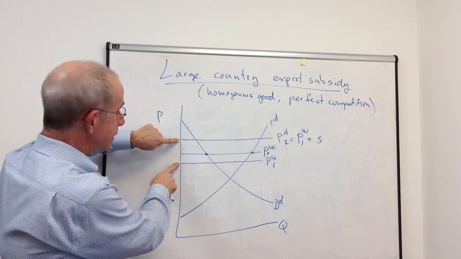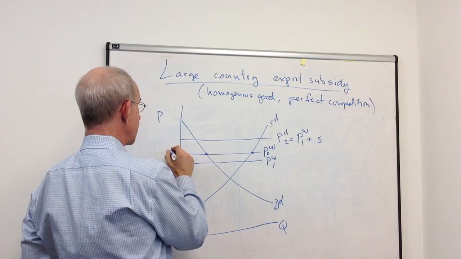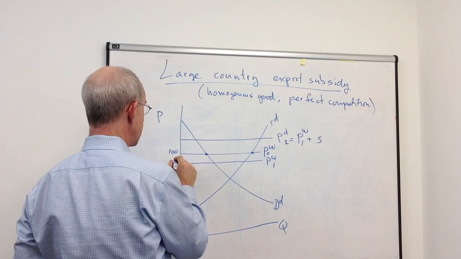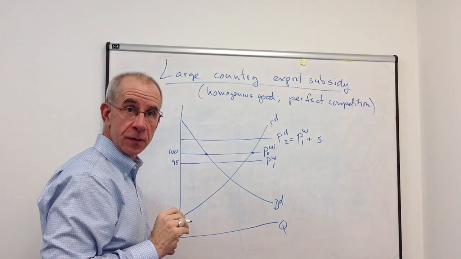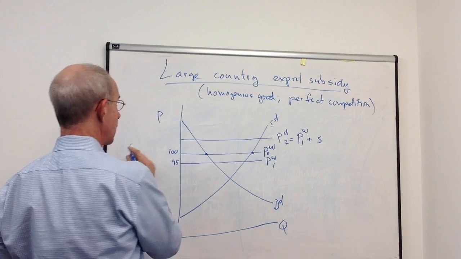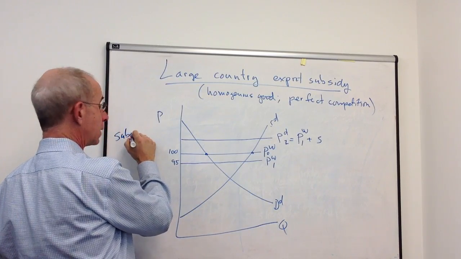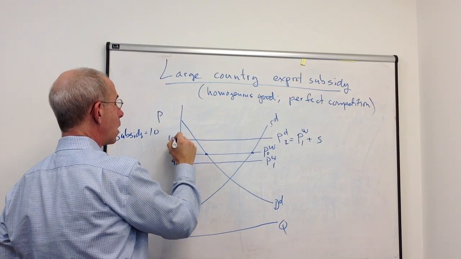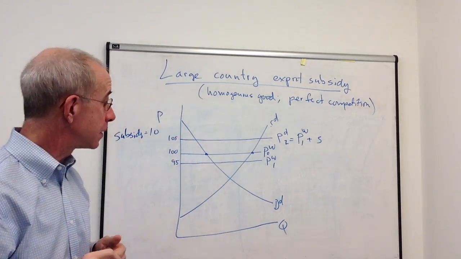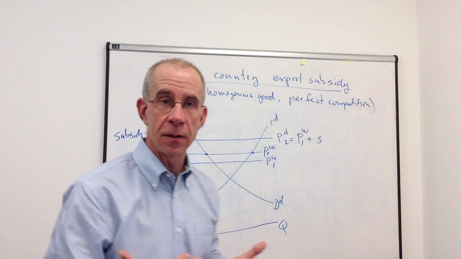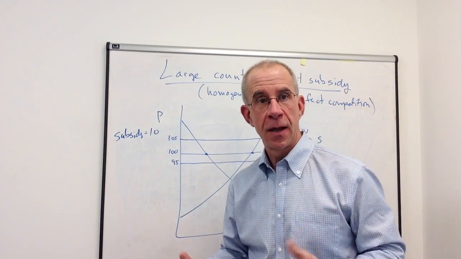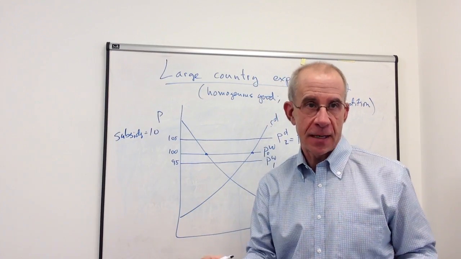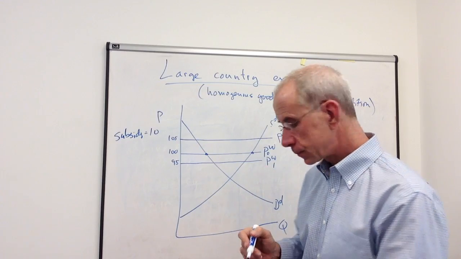So this vertical distance, and let's give some numbers here. Let's say that the original price was $100 and the world price fell to $95 and there was a subsidy of $10, then what firms in the domestic market would base their decisions on would be $105, because they're going to get the $95 from the foreigners plus the $10 per unit of exports.